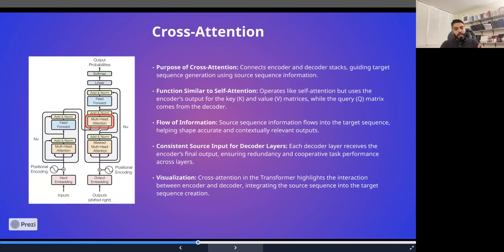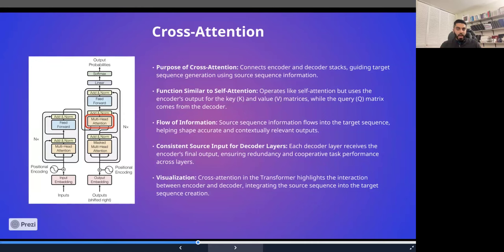But just know that cross-attention, which is also called encoder-decoder attention in certain papers or literature, is what enables the encoder to offer its encoded representation of the input sequence over to the decoder for generation of the output.